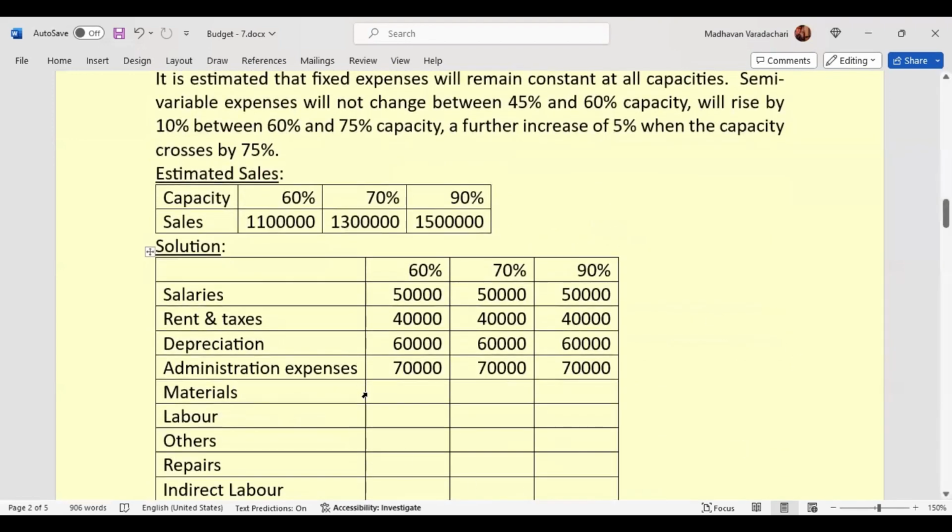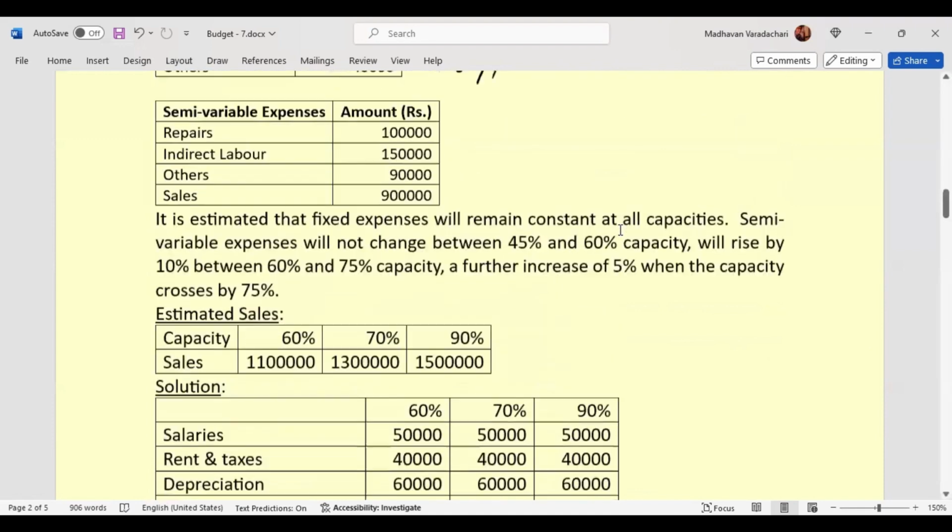So based on that, we will calculate here 4,000 per percentage. That means here 4,000 into 60 means it becomes 2,40,000. Here it is 4,000 into 70, 2,80,000. Here it is 4,000 into 90, 3,60,000.